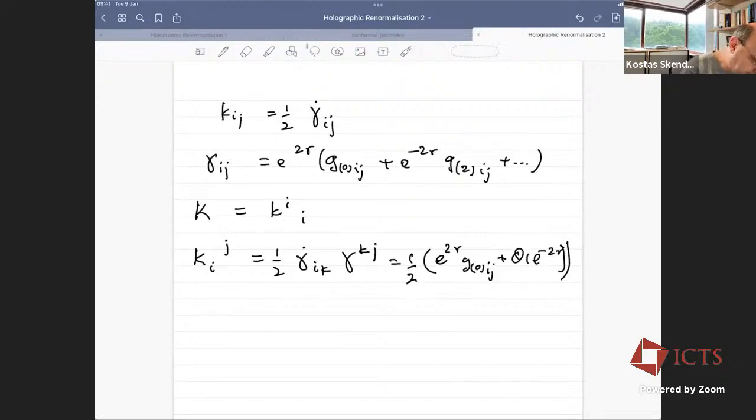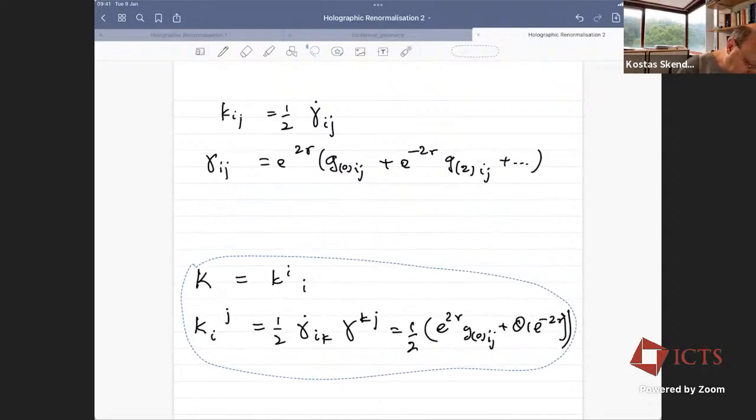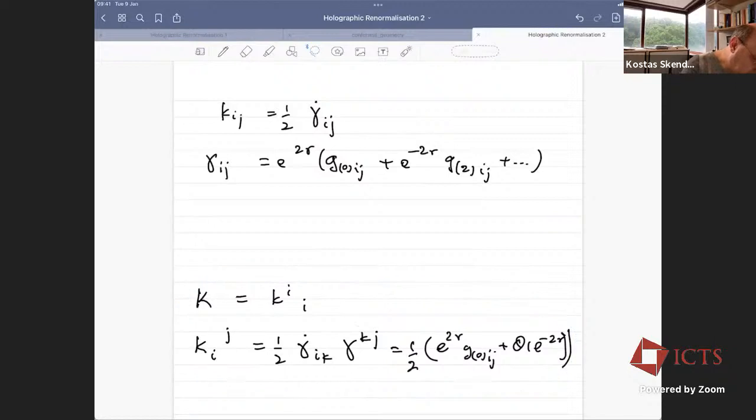So Kij. If I take the dot, I can differentiate this term. So that gives e to the 2r g0 ij. And now for the subleading term, the exponentials cancel. Let me add the next term here as well.